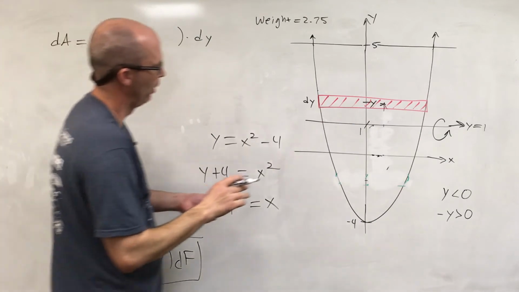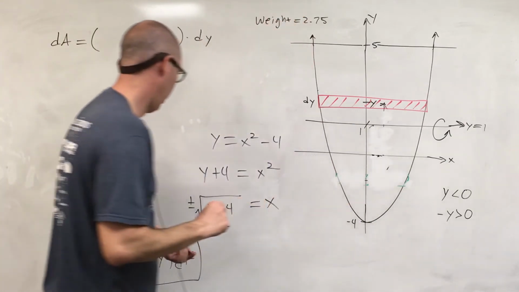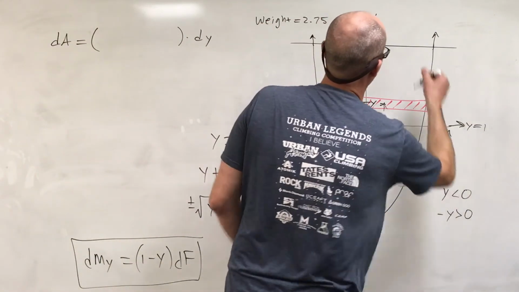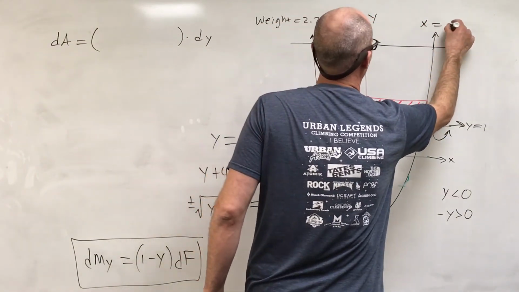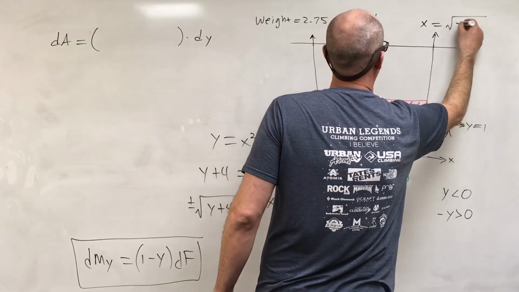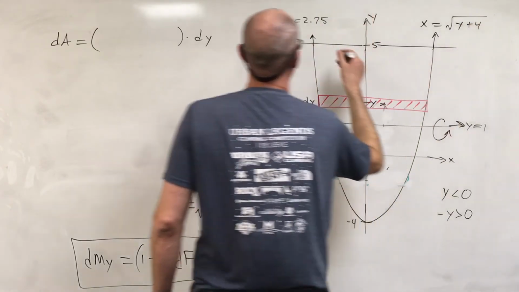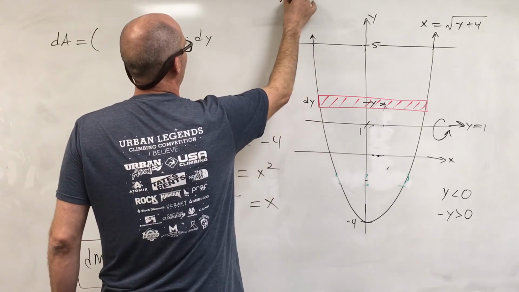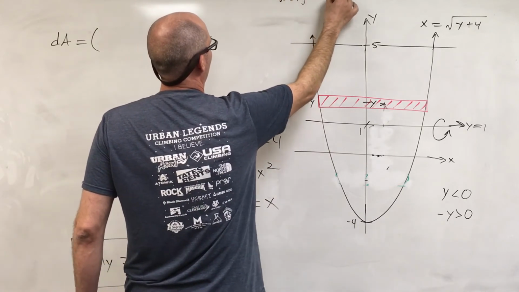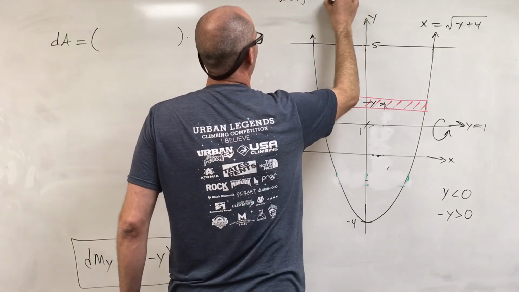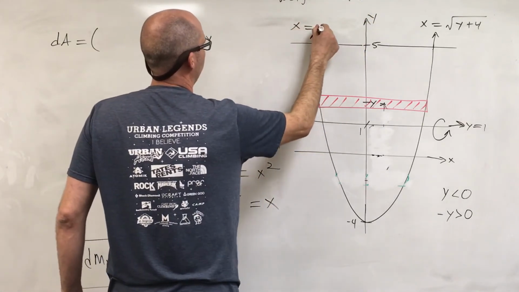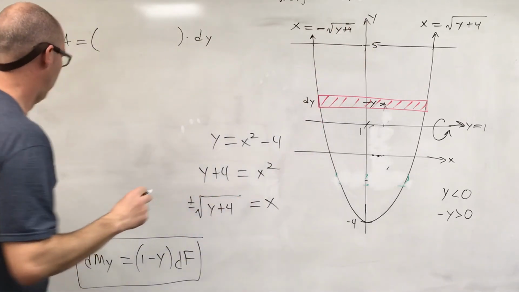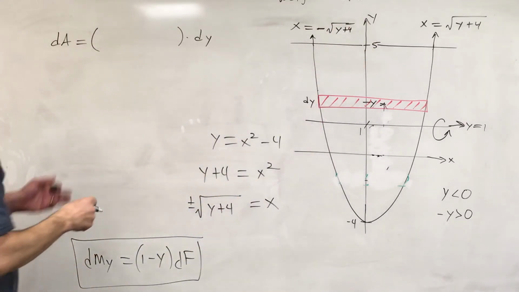If you think of moving x into the positive, it is over here. So here we have x equals root y plus 4. Over here we have x equals negative root y plus 4.